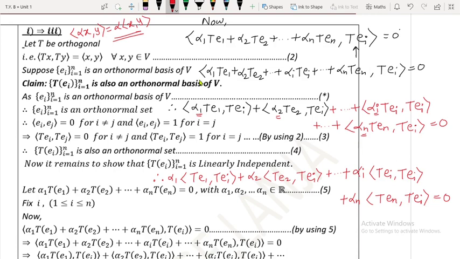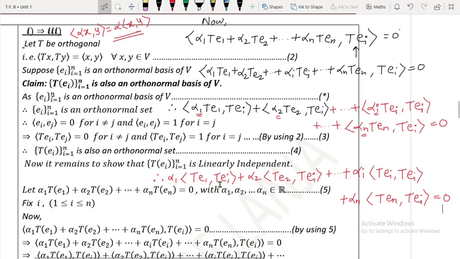Now see here, since we have already shown that this set is an orthonormal set, see equation 4, therefore what we can say, the inner product of two distinct vectors from this set is going to be 0, and the inner product of a vector with itself is going to be 1.